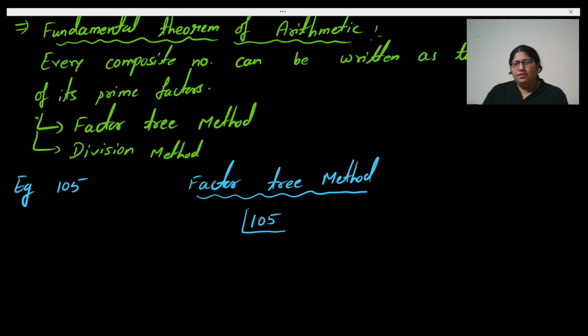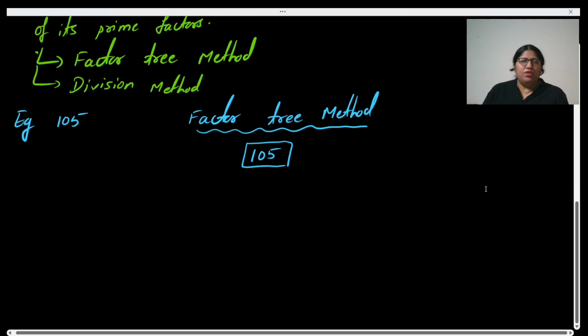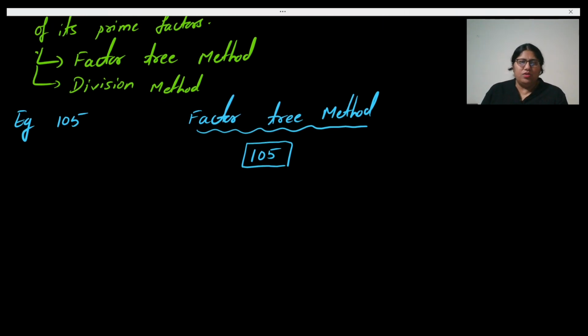Generally I take the composite number in a box and prime numbers in circles. You can use a circle also. First use the divisibility rule. What are your prime numbers? 2, 3, 5, 7, 11. So I can take only prime numbers. It's not divisible by 2, and when I divide 105 by 5, I get 21, right?